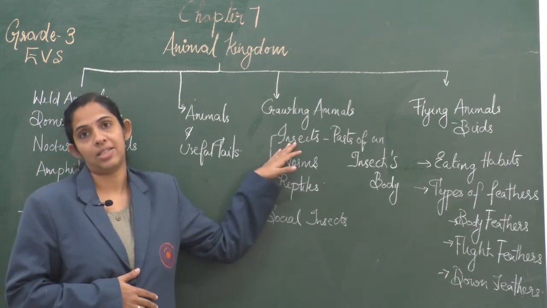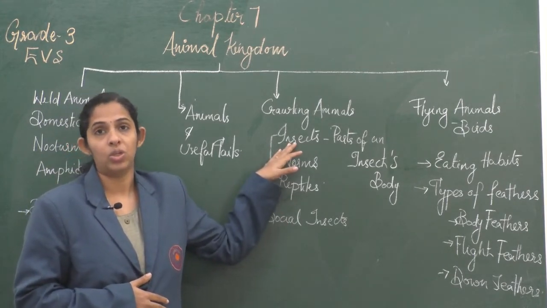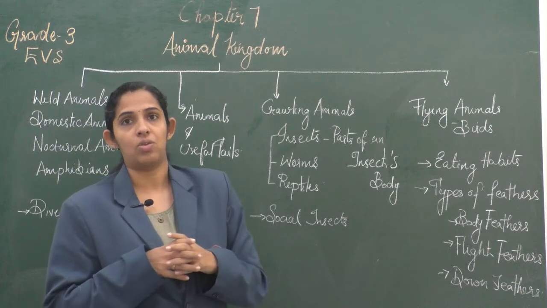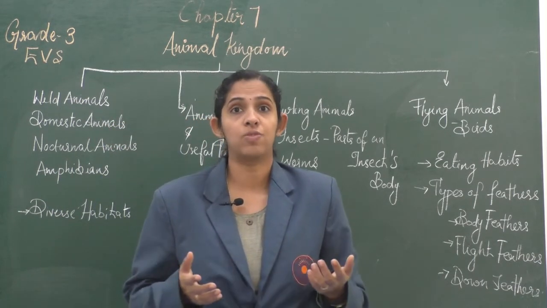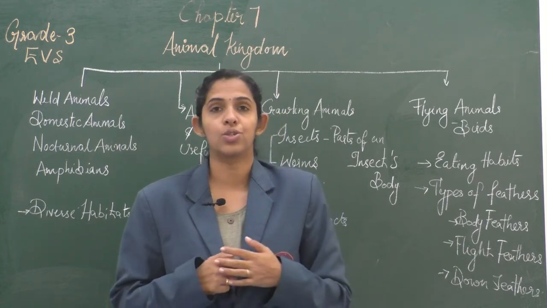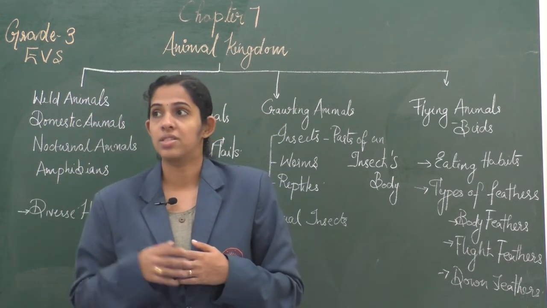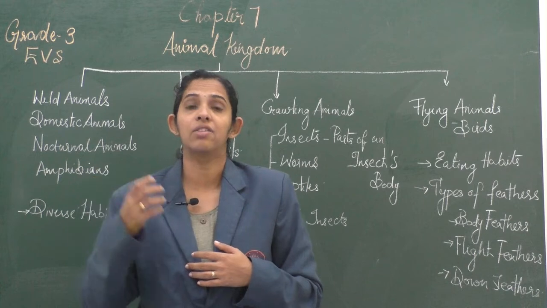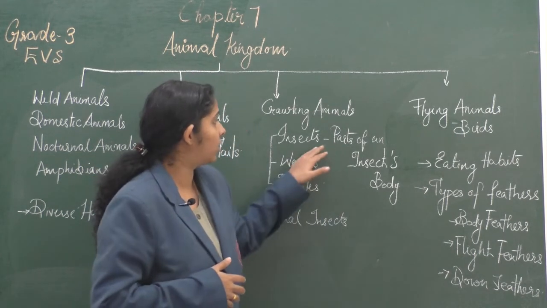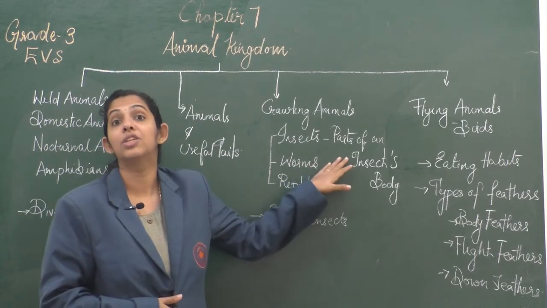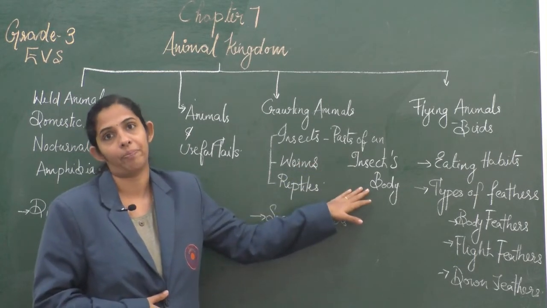So we'll see first insects. So we can see a variety of insects around us, in and around our houses. We can see ants, house flies, fruit fly, mosquitoes, and if you go out, you can see grasshoppers or a dragonfly. So we'll then discuss what are the different parts of an insect's body.